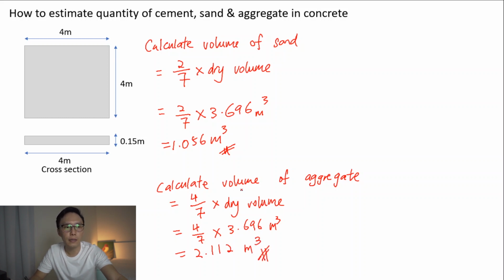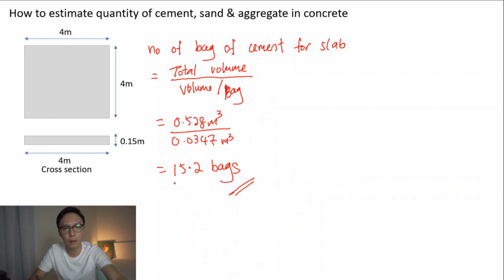So we get all three pieces of information here. The last one is the volume of aggregate. The second one is the volume of sand, and the first one is the number of bags of cement.